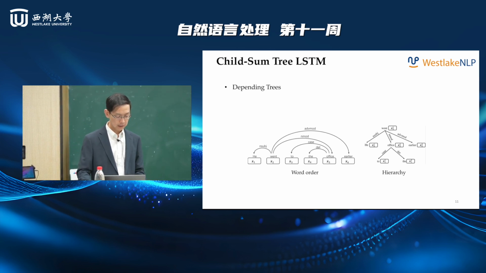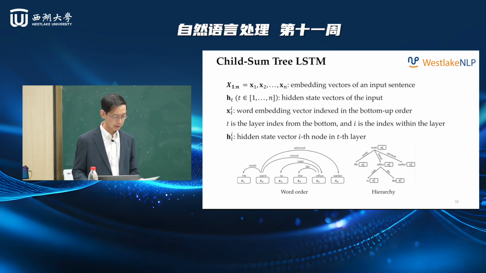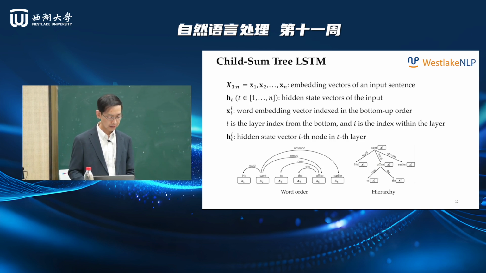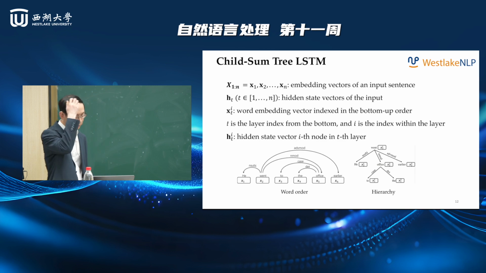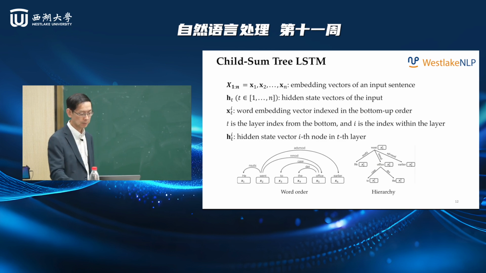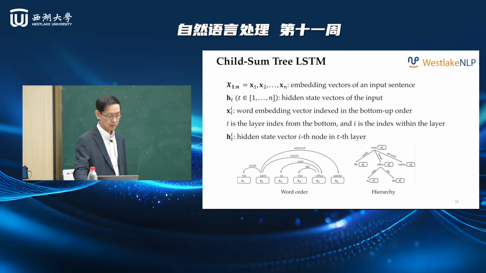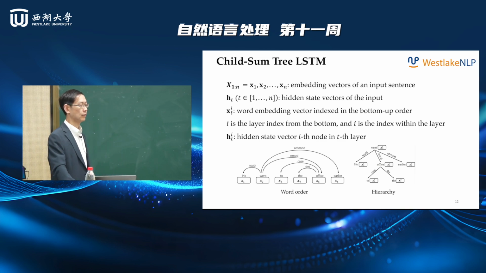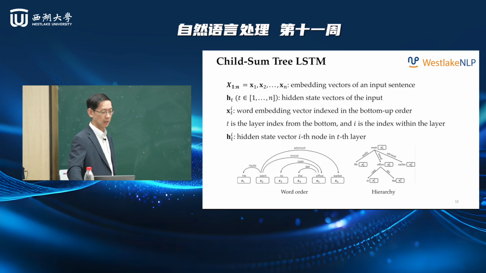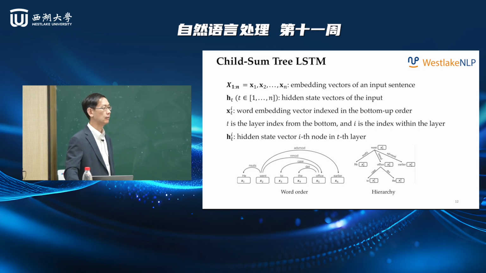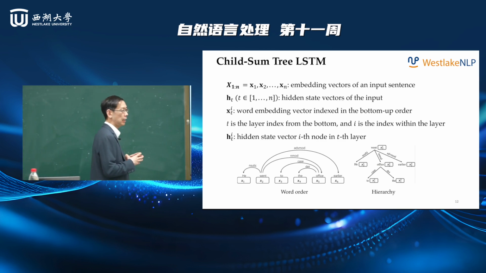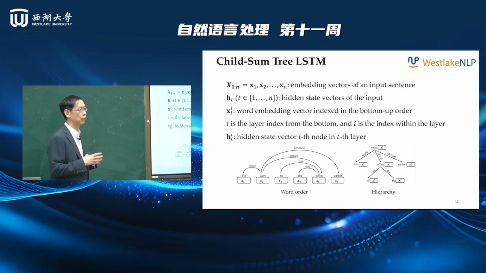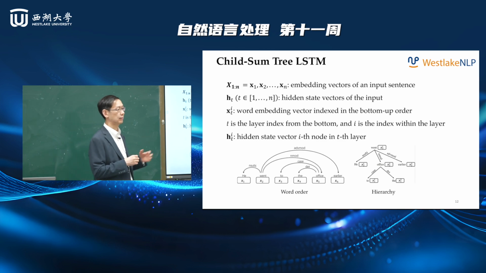If I have this index, I'm basically turning x1 to xn into x_t^i, with subscript and superscript, and I'm turning h_t, the corresponding hidden node, into h_t^i. All right. So I want each h_t^i to contain information about its subtree.